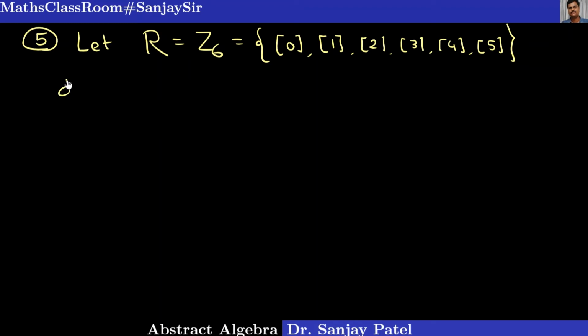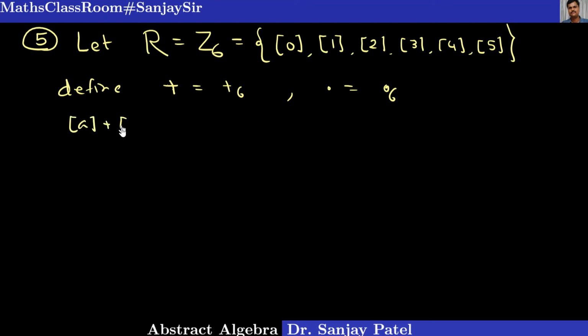And we define the two operations: plus is equal to plus 6 and dot is equal to dot 6. That is addition modulo 6 and multiplication modulo 6. You know the meaning here.